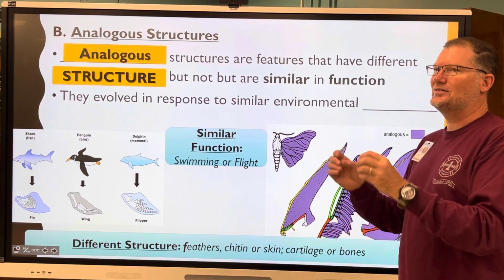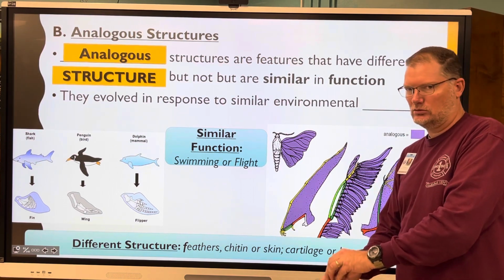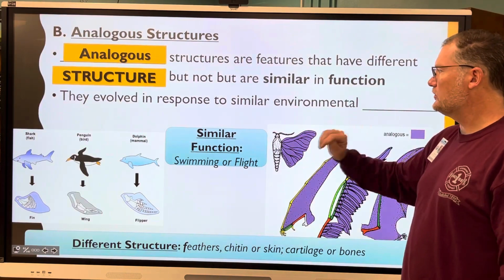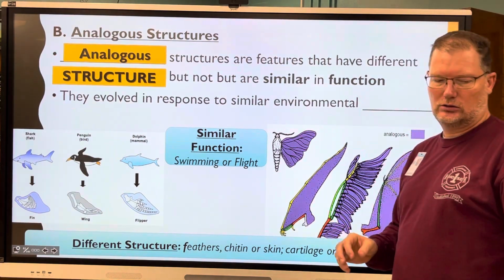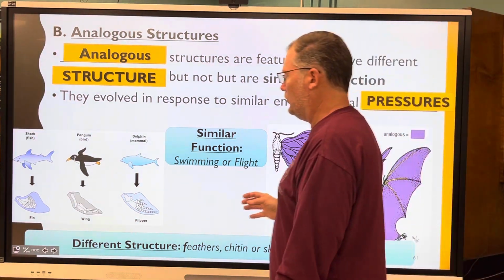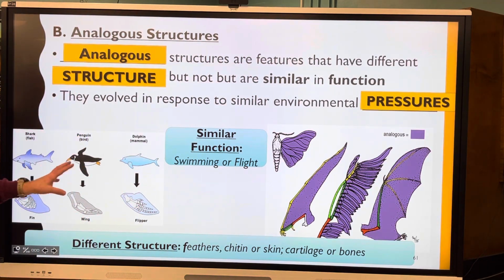This one's similar structure, same function. All right? And they evolved in response to similar environmental conditions or pressures. The pressure here was, I need to swim faster. So the organism that had the best adaptation for that would be passing on their genes to their offspring.